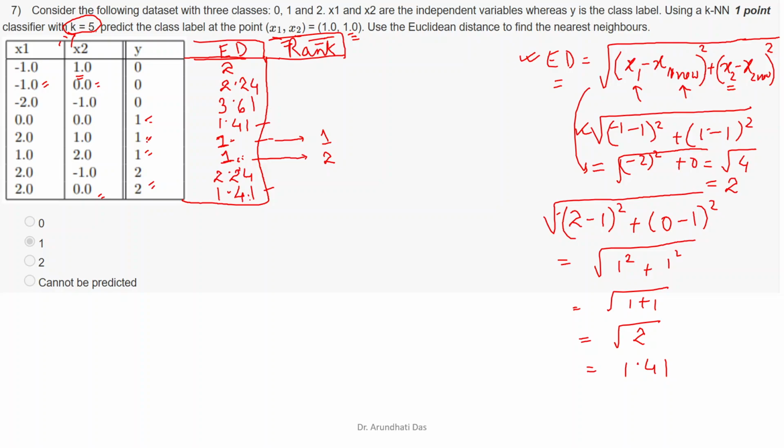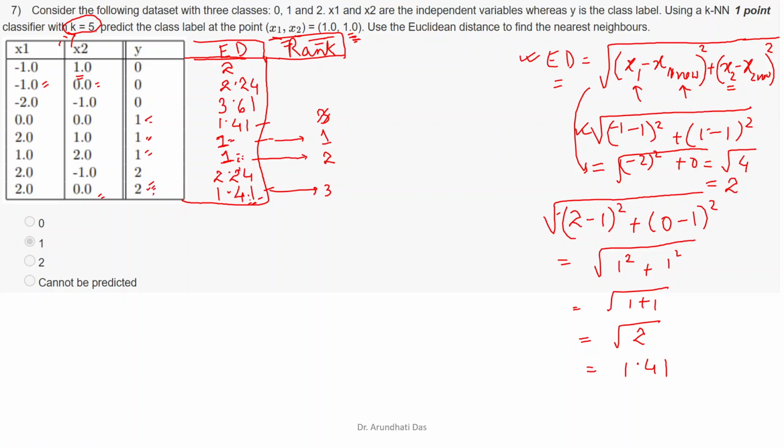Although for this one, if I give the first one rank 3, and if my k value is 3, then the final class level for this new data point will be 1, correct? And if I don't give it 3, but I give 3 to this one, then I will consider the first 3 neighbors as this one and this one, right? So in that case, out of the 3 nearest neighbors, I have one neighbor whose class level is different from the other 2.